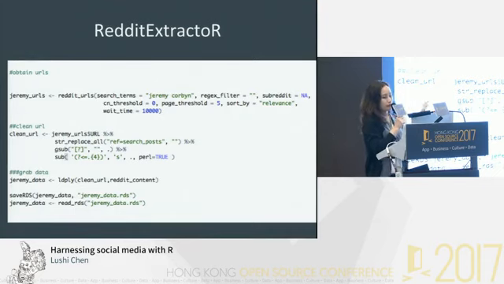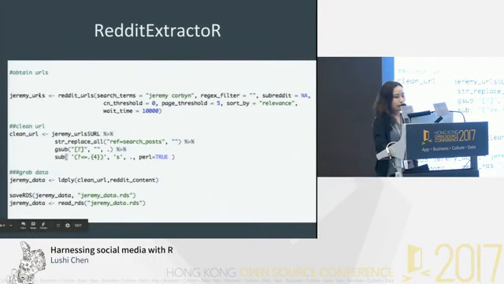So I extracted some posts mentioning Jeremy Corbyn. First of all, I would extract the URLs with the term Jeremy Corbyn. Then I clean the URLs, and then I grab data with the URLs. It's pretty simple, right? With the help of this package.